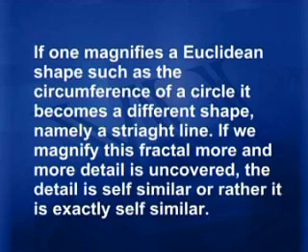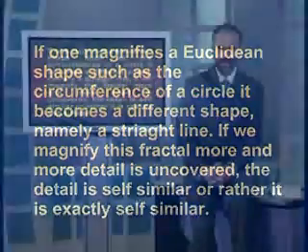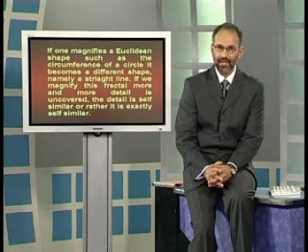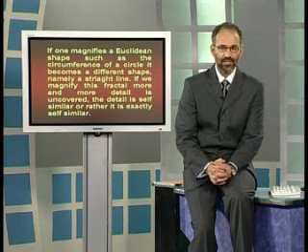Namely, it can become a straight line. If you zoom into the boundary of a circle even, you'll be able to see a straight line. But in case of fractal geometry, these objects have inherently infinite levels of details built into them. So magnifying a fractal, more and more detail is uncovered.